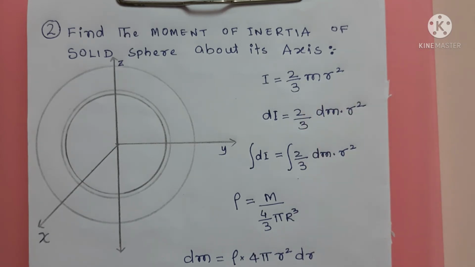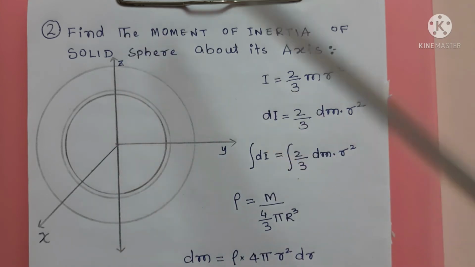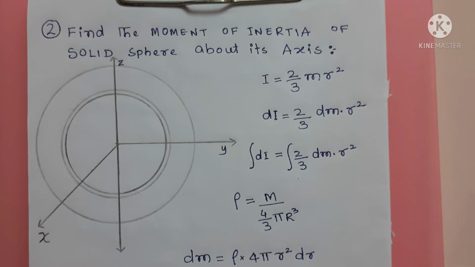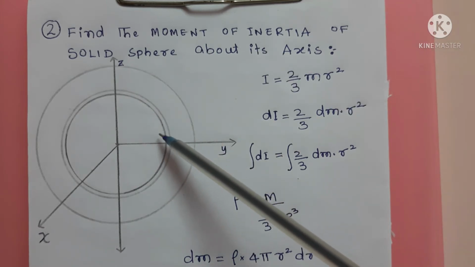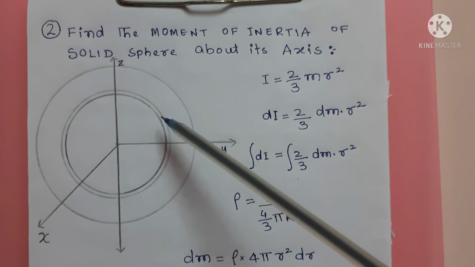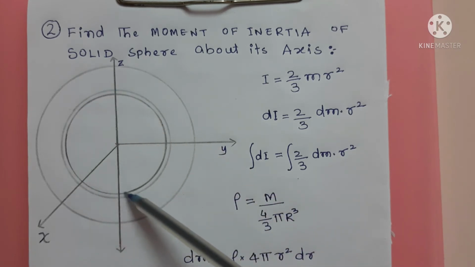Similarly, we are going to calculate for a solid sphere. You see the figure. This is the x-axis, y-axis and z-axis. As it is like a hollow sphere only, we can divide this solid sphere into small hollow spheres. You see this portion?